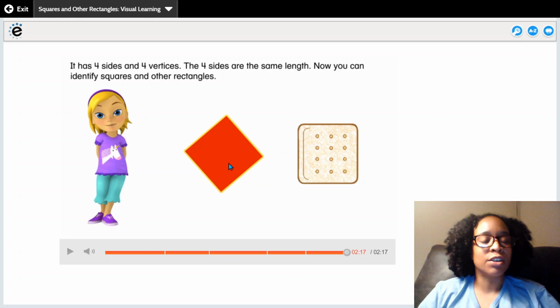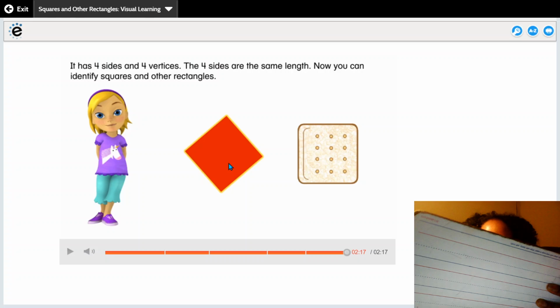But remember, a diamond is a little thinner shaped than that square that they have there. So our diamond is a little thinner shaped, whereas that red square that they have there, you can tell it is wider. Okay, we're going to move on into our workbook pages now.